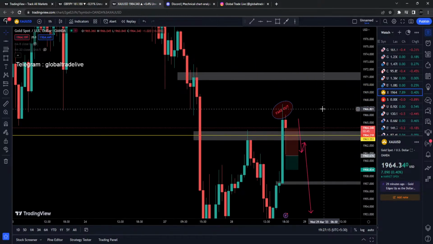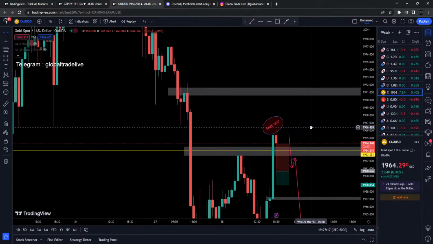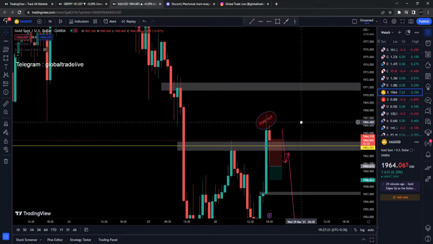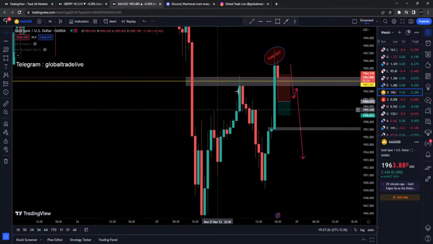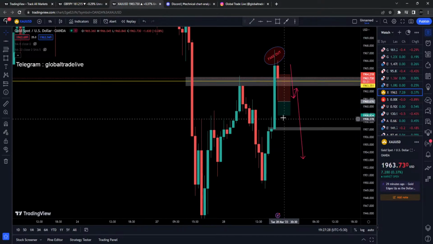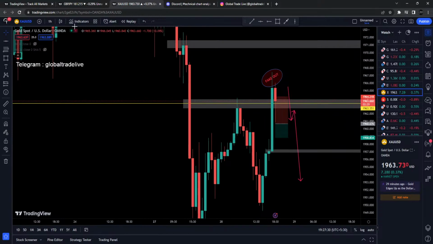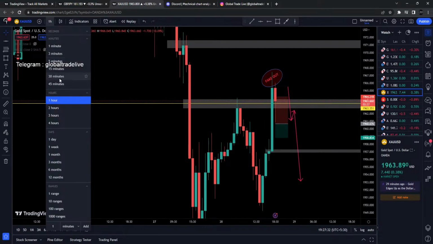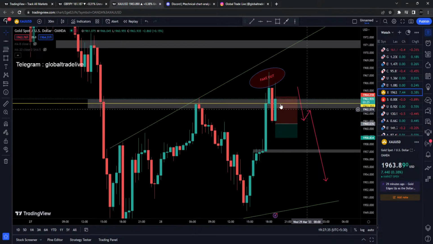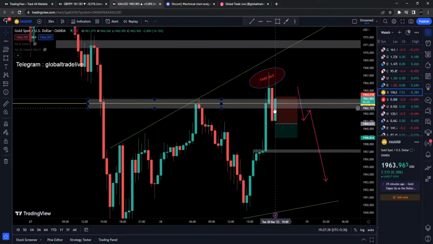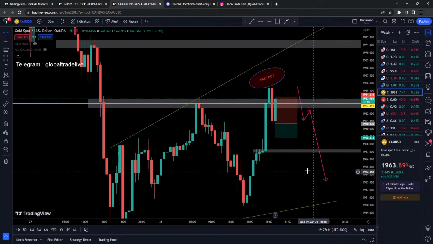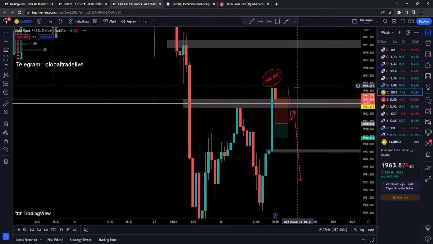Yeah, that can be the case, because by looking at the market structure in 1 hour, everything depends on this 30-minute candle. If this closes below, then I'm gonna look for sells. If this closes above, then I'm gonna look for buys in the 1 hour.